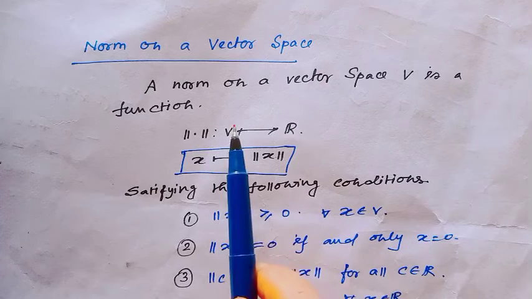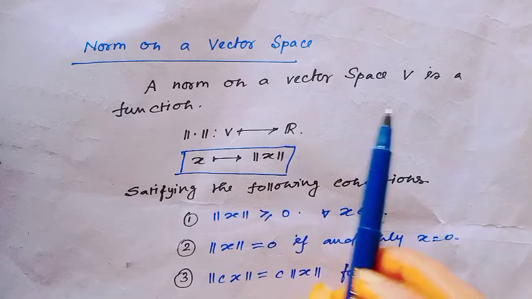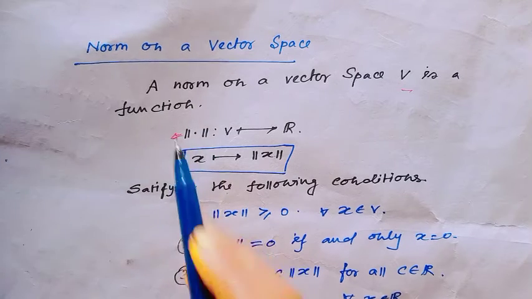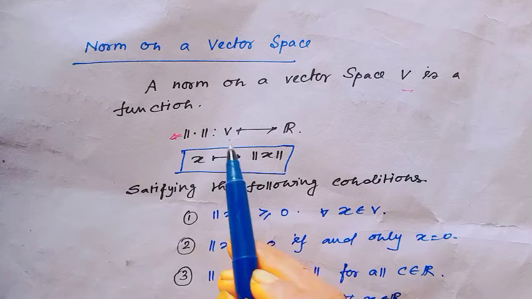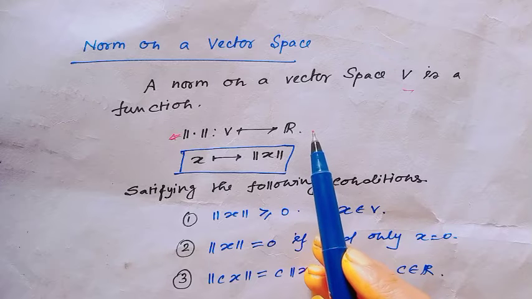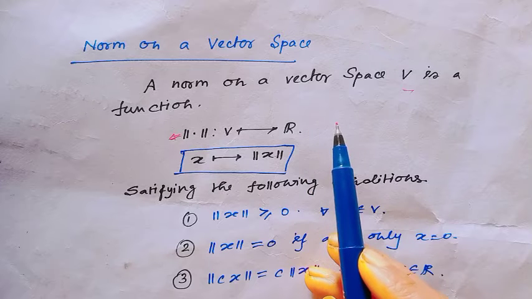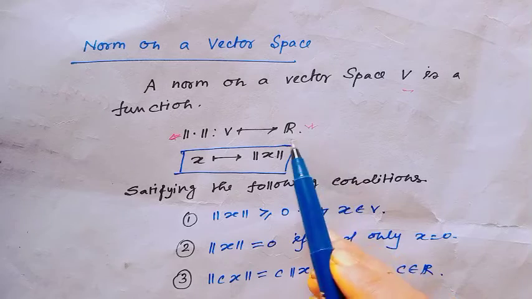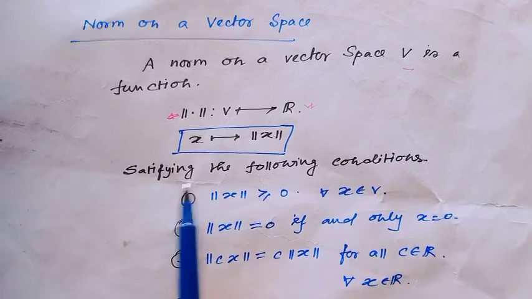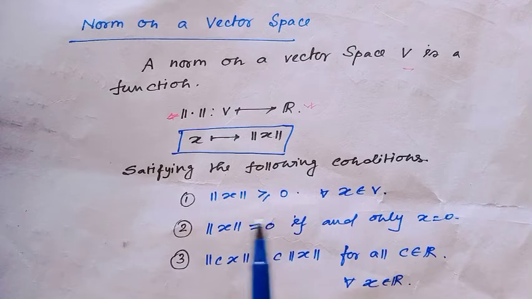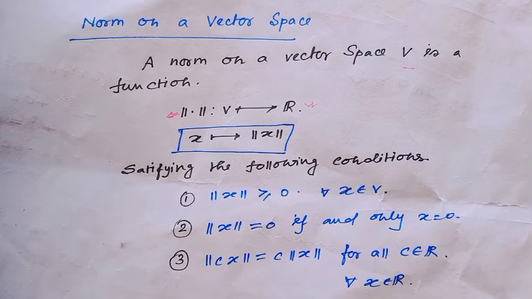The definition: a norm on a vector space V is a function, which is defined from the vector space V to R. The codomain is the real numbers because norm means just length, so it would always be just a scalar. Here x maps to norm of x, which satisfies the following conditions.